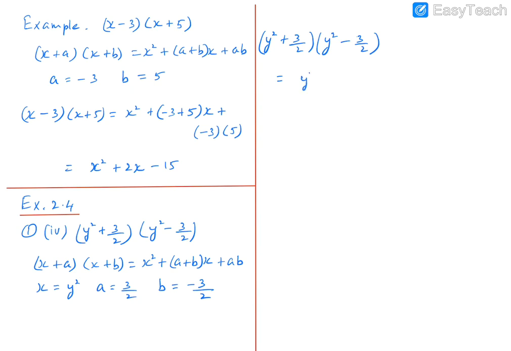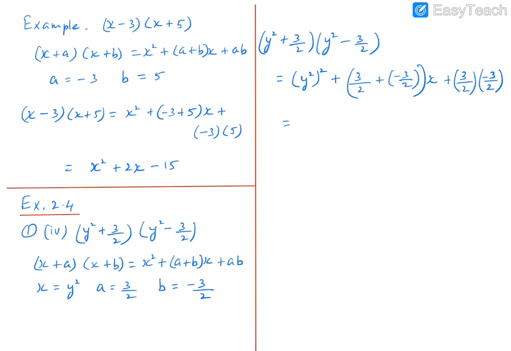So therefore we'll have to write y square the whole square, plus a plus b. a is 3 over 2, so that's 3 over 2 plus b, so plus minus 3 over 2, times x, plus a into b, a is 3 over 2 into b is minus 3 over 2.